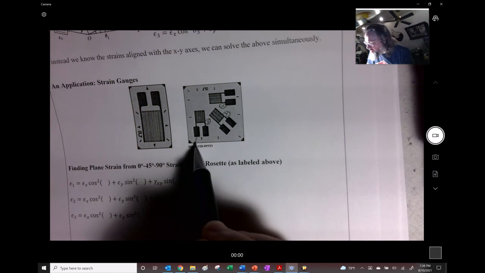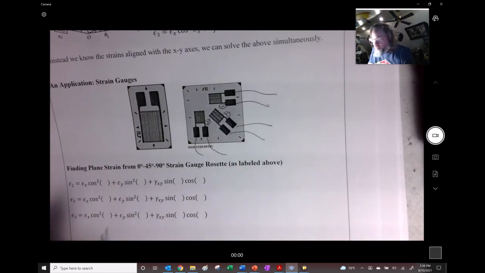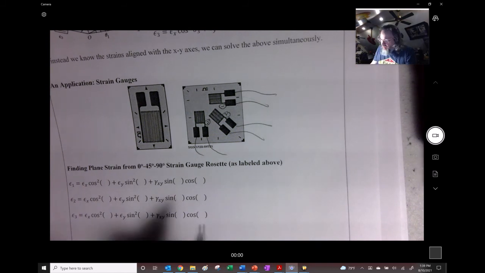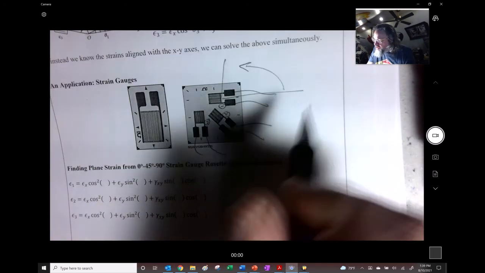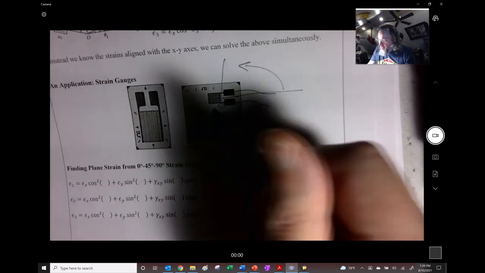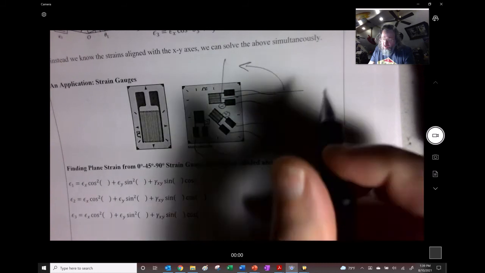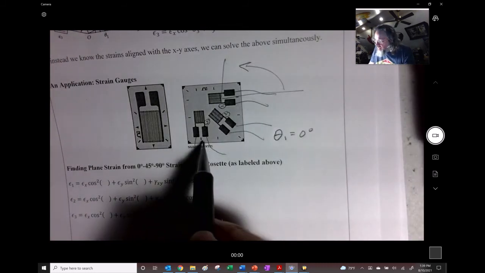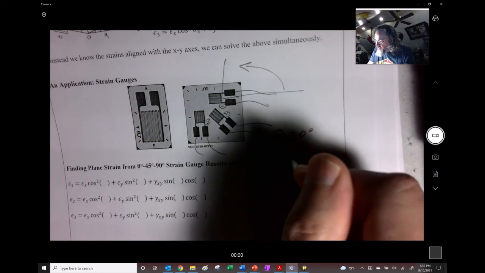And by the way, you'd have these leads that you'd solder on here that would go to your instrumentation to pick this up. Looking at this, we're going to take the angle going this direction, so we can see that theta 1 is equal to 0 degrees. We could also see that theta 2 is equal to 90 degrees.